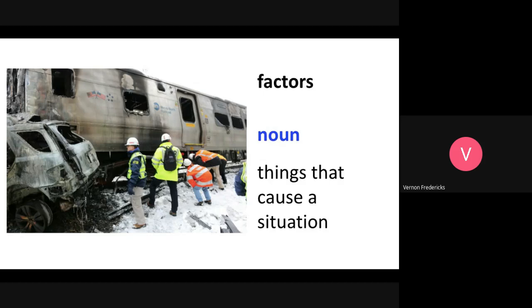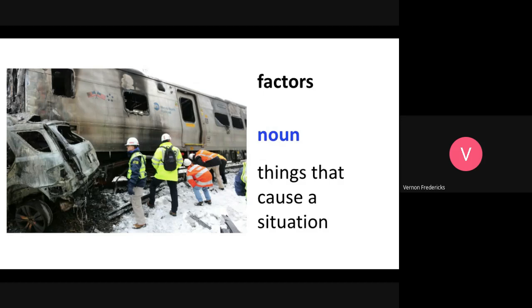Yes. So the factors is why? Why was the car on the railway tracks? What was the cause of it? What was the cause of the train burning? Was there a fire? Was there an explosion? Yeah. Okay. So the engineers are trying to find out the factors that caused this problem.